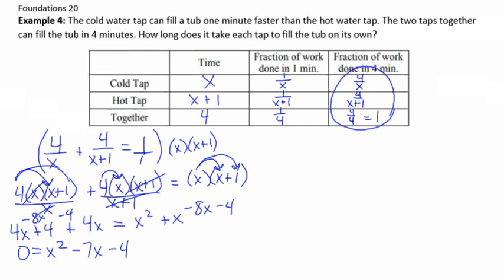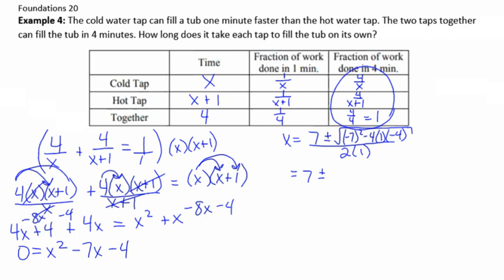So we plug in our x equals negative b, negative 7 is just a positive 7, plus or minus the square root of b squared, subtract 4 times a times c, all over 2a. So 7 plus or minus the square root of 7 squared, which is going to be 49. 4 times 1 times negative 4 would be 16.